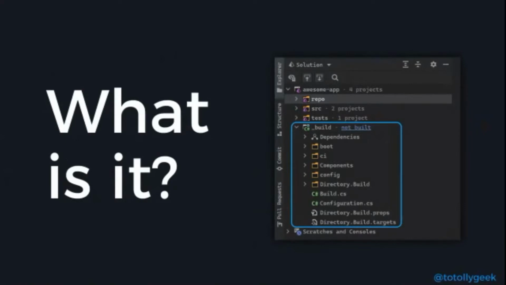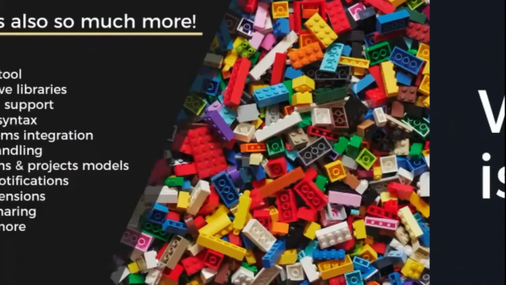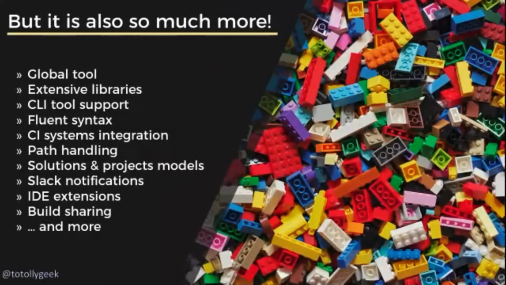But not only being just a console application, Nuke in itself is so much more. We have a global tool. For those who are not familiar with the .NET ecosystem, a global tool is a CLI application which is distributed using NuGet packages. So it has a global tool that can help you set up and do stuff with it.